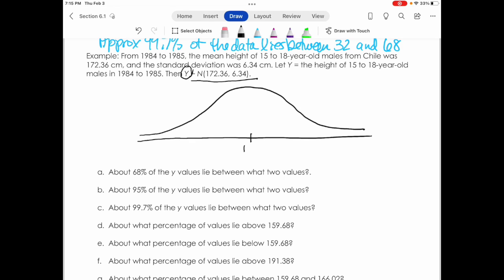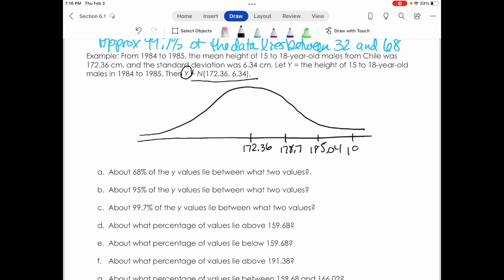We have the mean in the center as 172.36. And then every time I come out a standard deviation, that's going to be 6.34. So let's see. If I come out 6.34, that's going to be 178.7. If I come out another 6.34, that's going to be 185.04.